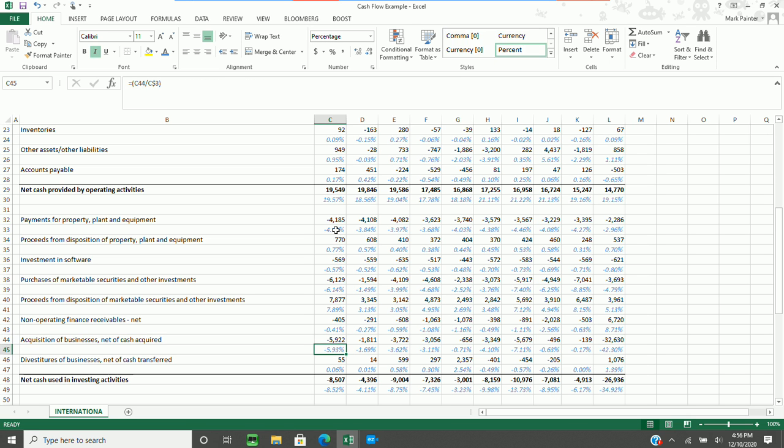So you can see they do spend money on acquisition of businesses going back to 2010, and it's relatively 5.9%, 1.6, 3, less than 1%, 4.7. So they spend a little bit. What's interesting here is 42% in 2019. That's obviously a big number that sticks out.